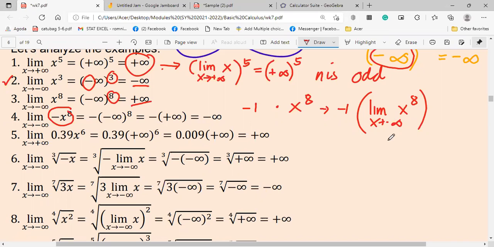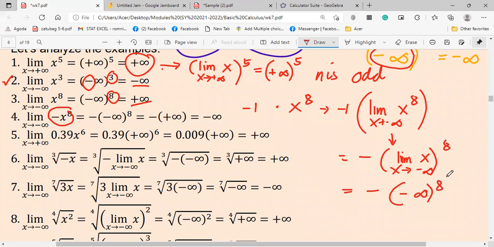And since this follows rule of power, so pwede mong ilabas ang power exponent 8, and then you have limit of x as x approaches negative infinity. So kaya naging negative infinity raised to 8.